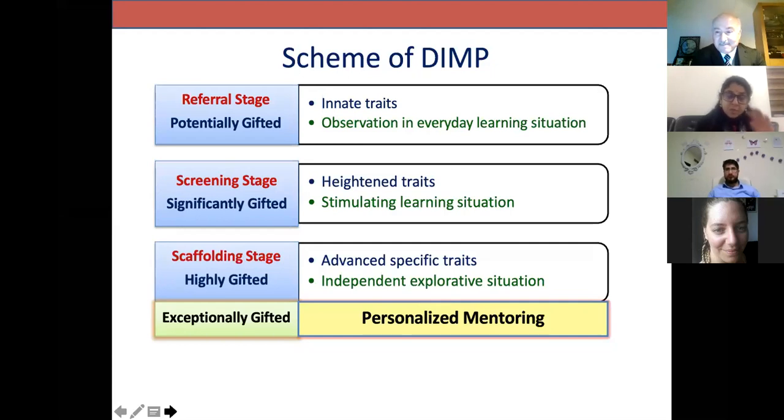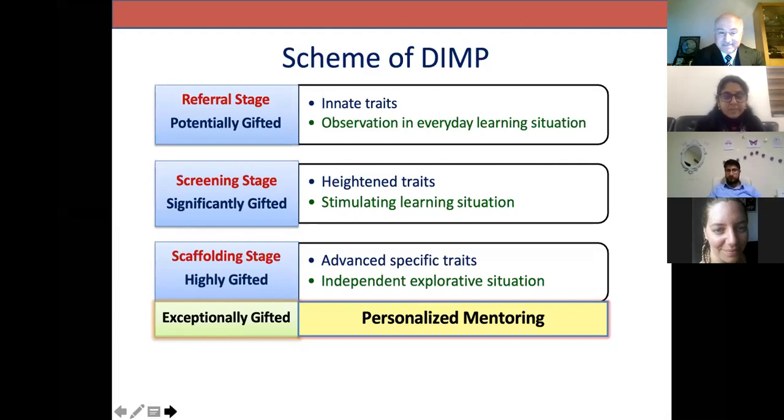So the small group mentoring programs are conducted, and through these programs, we are continuously observing their behavior, developing their learning profiles, and validating their work with standardized intelligence tests and creativity tests.